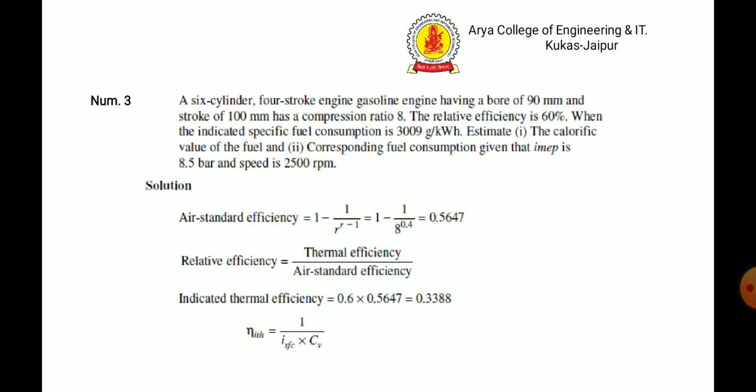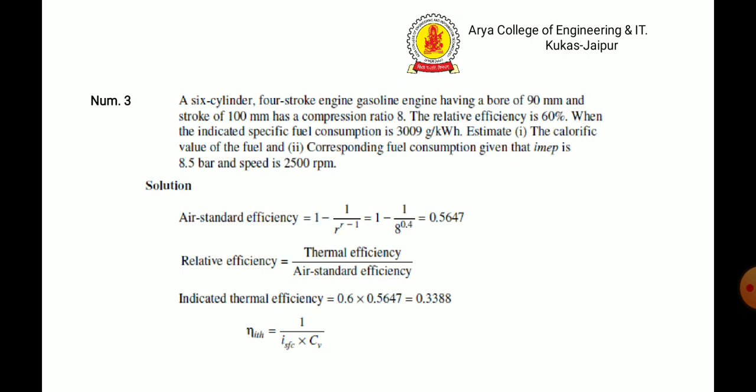When indicated specific fuel consumption is 3009 gram per kilowatt hour, then estimate calorific value and corresponding fuel consumption. Given that mean effective pressure is 8.5 bar and speed is 2500 rpm. So here relative efficiency is 60% given.